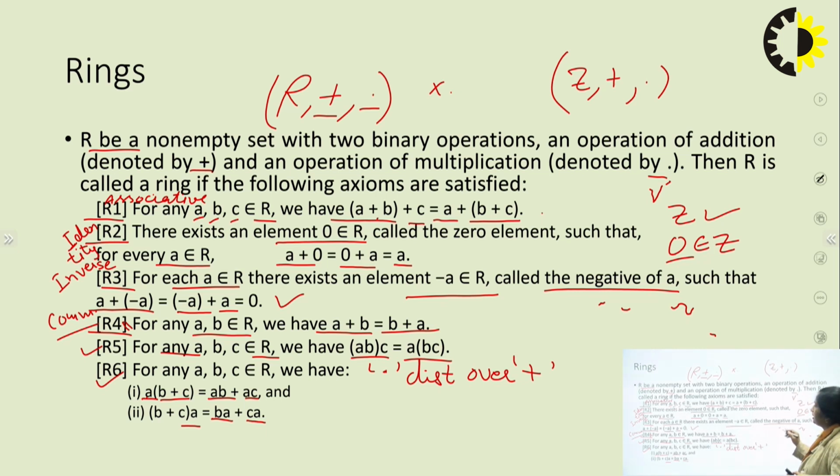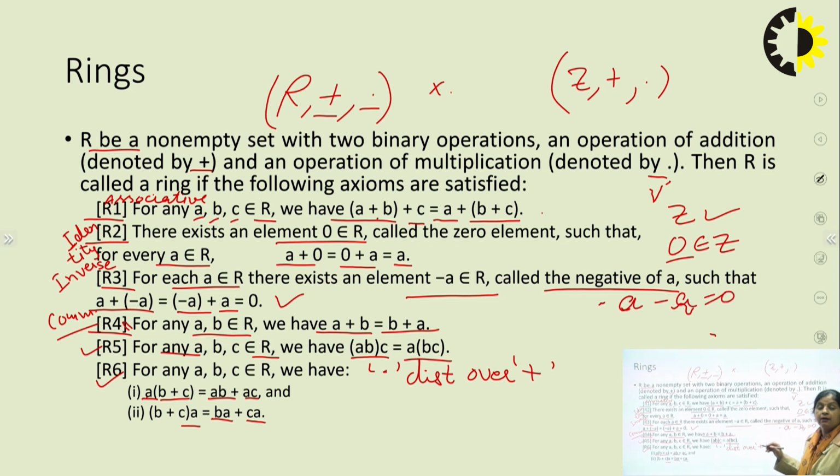Now if we check the third property, what does the third property say? It says that we should have a negative of each element. So if I take any integer, let me take any integer A. What is the negative of A? It will be minus A, and we will get 0 in the answer.